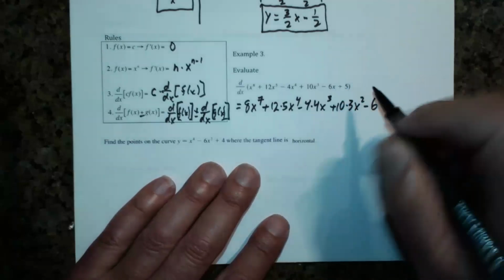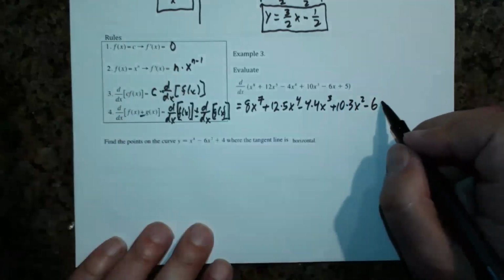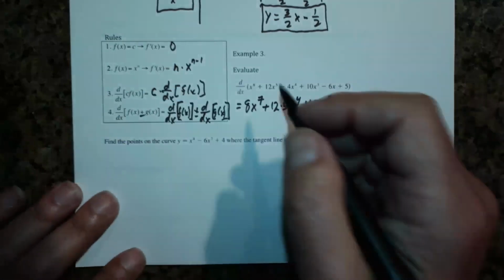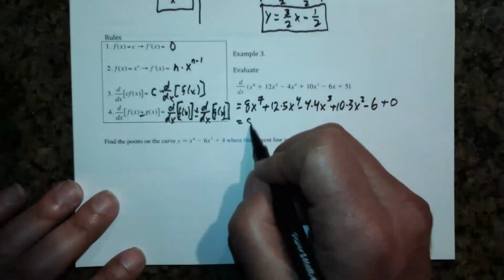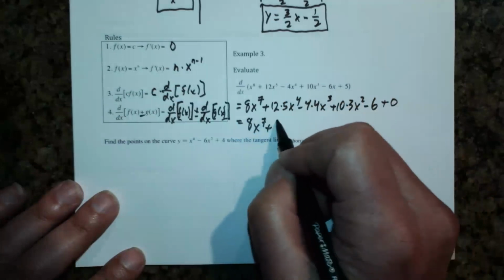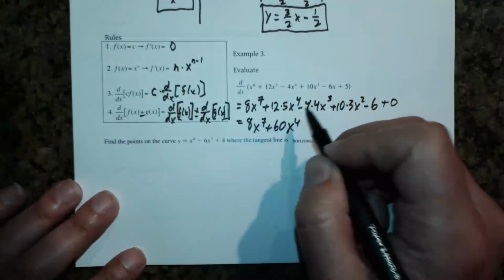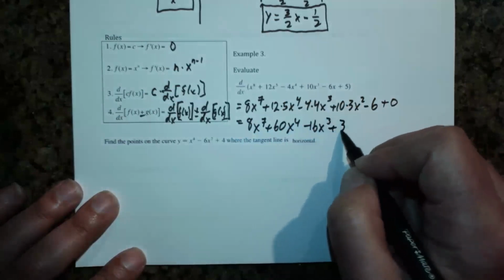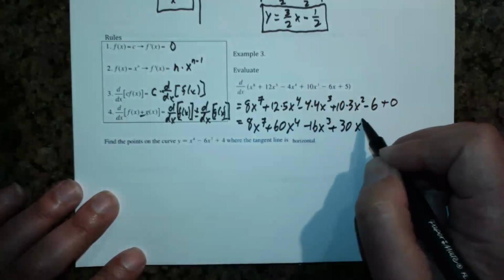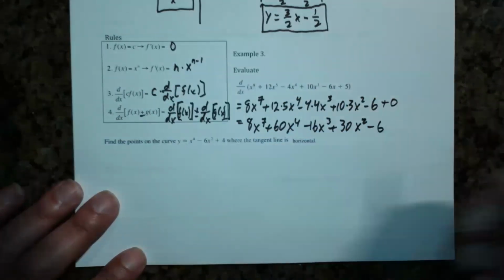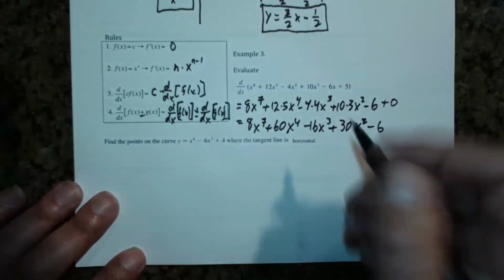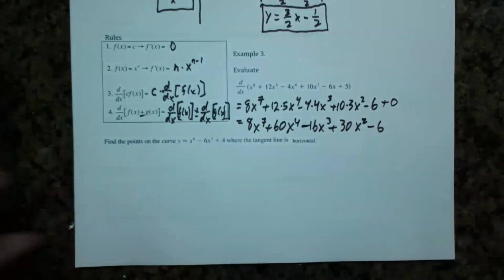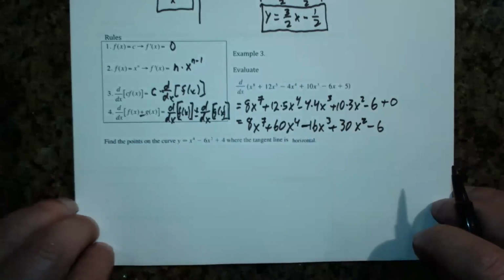And the derivative of a constant we just learned is 0. So technically that's plus 0. So let's see what we end up with. There it is. It's a minus there.